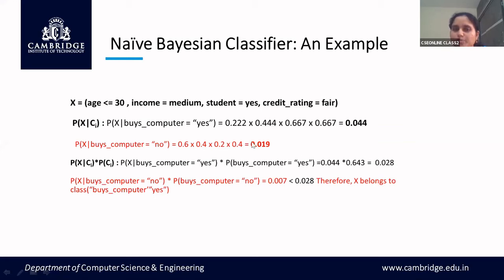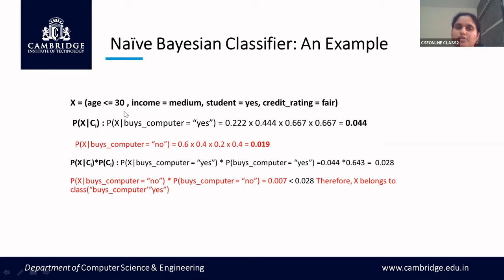Similarly, for this particular value, if I assume my probability of buying computer is no, I will get the value as 0.007. So 0.007 is less than 0.028, right? Therefore, X belongs to class yes.